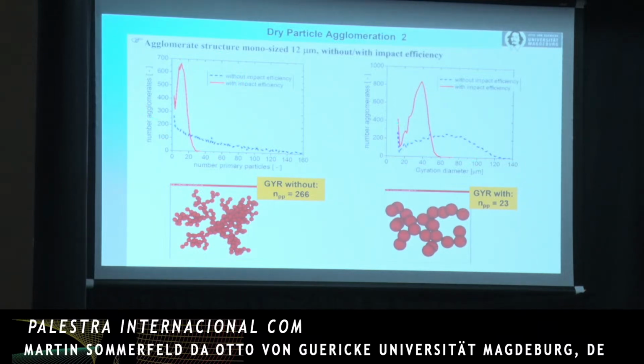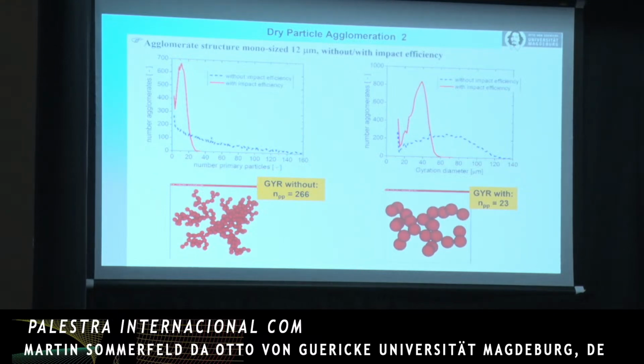Here you see the difference, the number of particles included in each aggregate, and here is the gyration diameter. Without impact efficiency gives you the blue line.